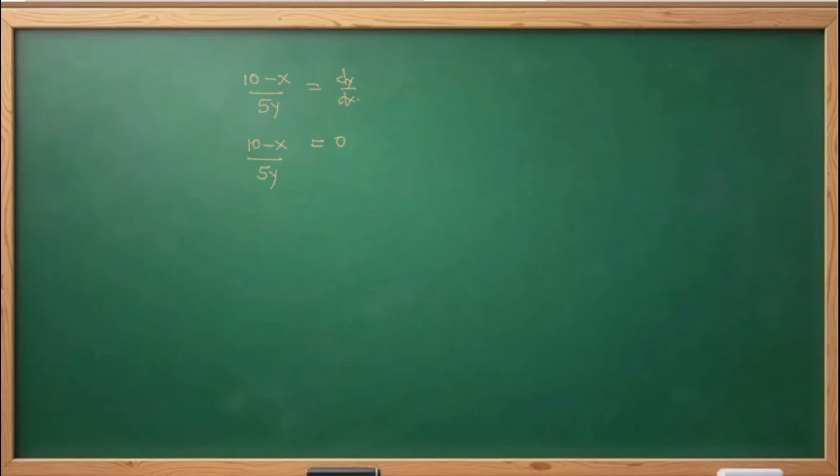We can multiply both sides of this equation by the denominator 5y, so the 5y will cancel and we are left with 10 minus x equals 0. Solving for x, we have 10 equals x. Therefore, the value for x at this point is 10.